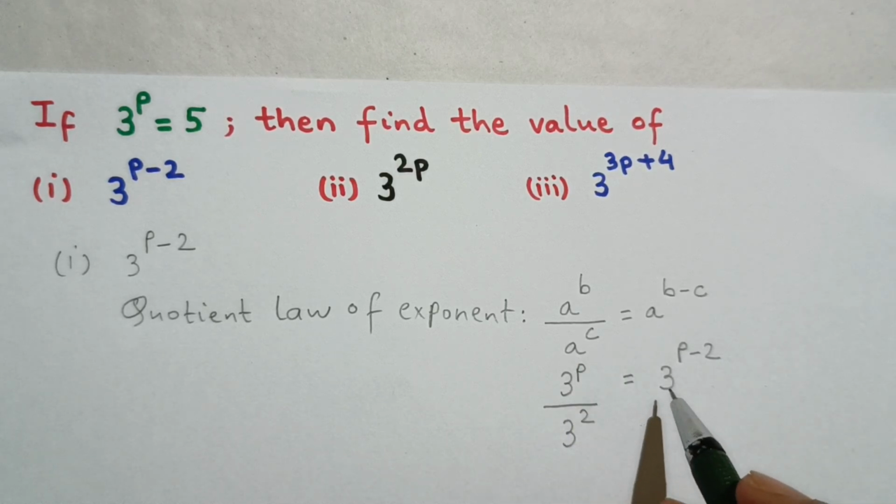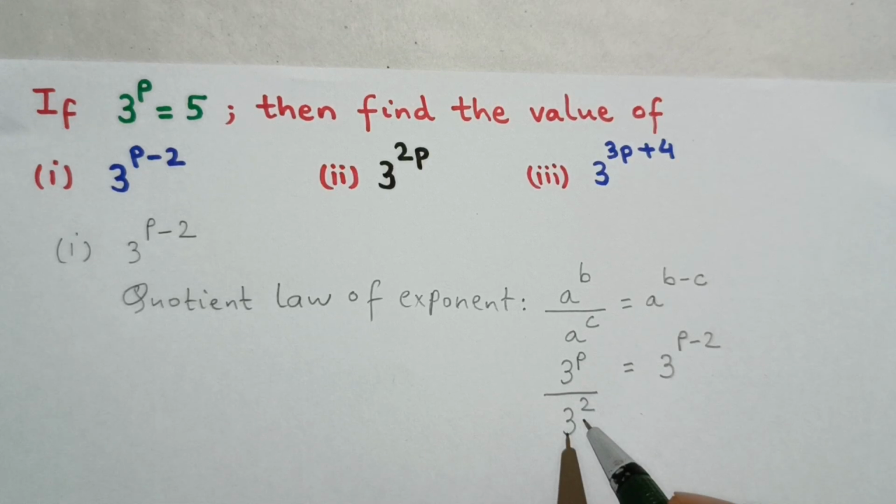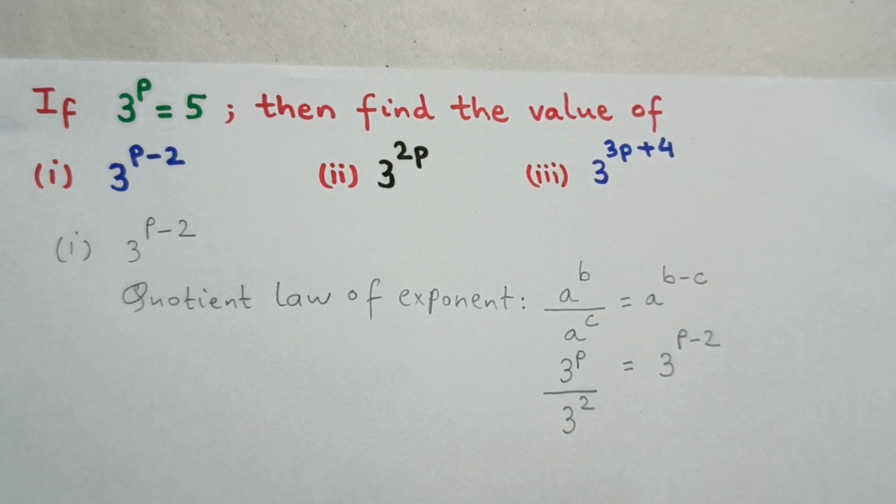So 3 to the power p minus 2 becomes 3 to the power p divided by 3 to the power 2.